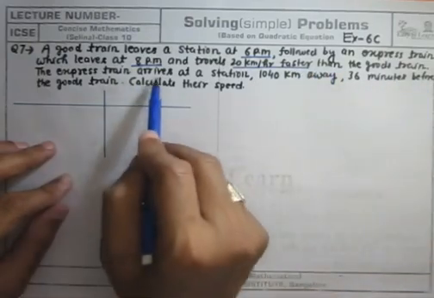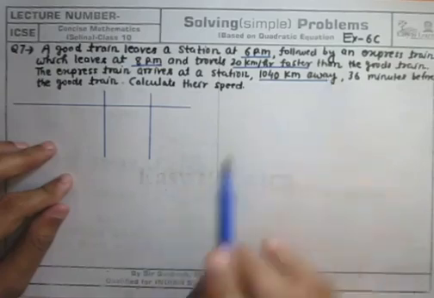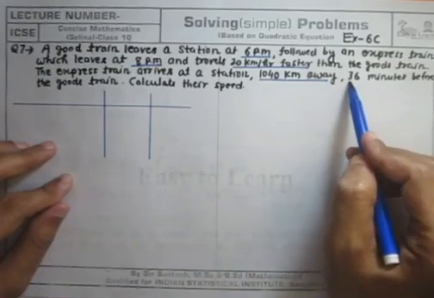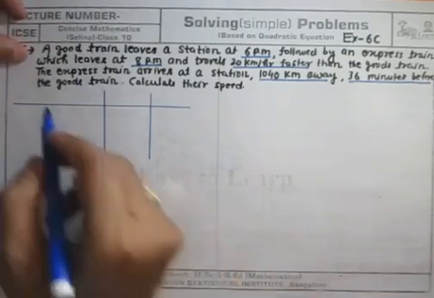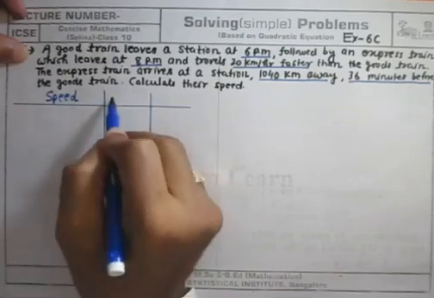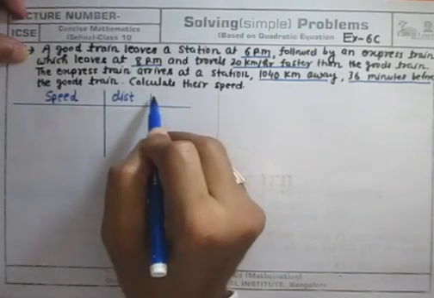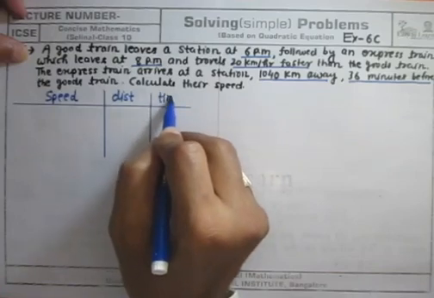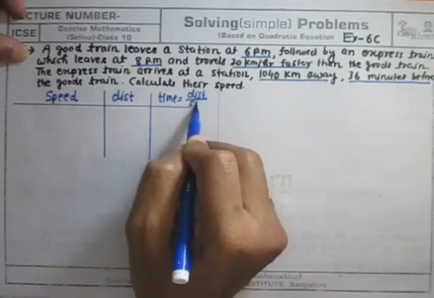The express train arrives at a station 140 km away 36 minutes before the goods train. Calculate their speed. So again, first column is speed, second column is distance, and the third column is time, which is equal to distance by speed.